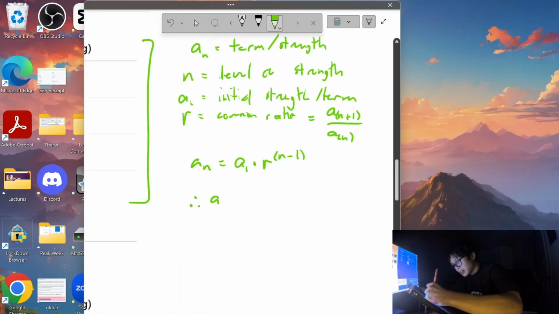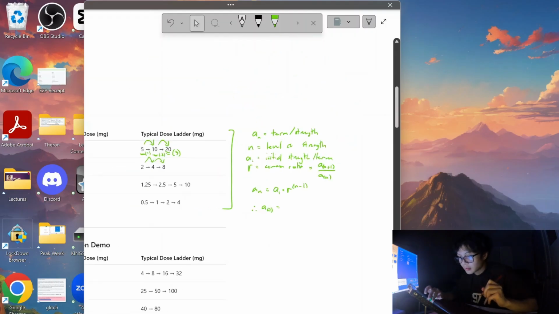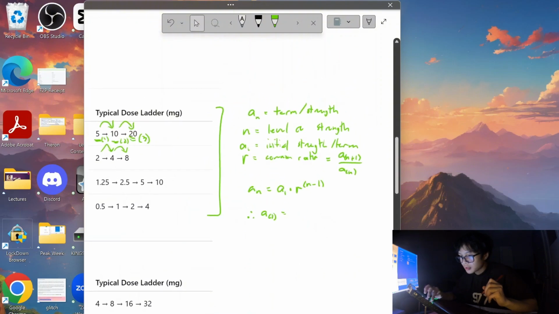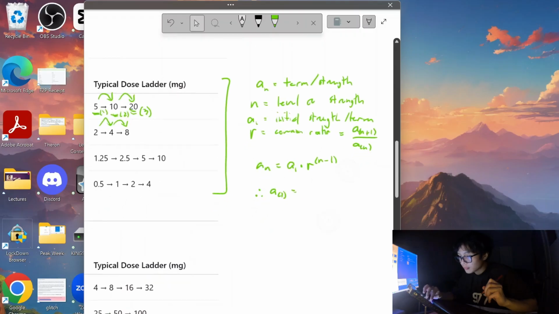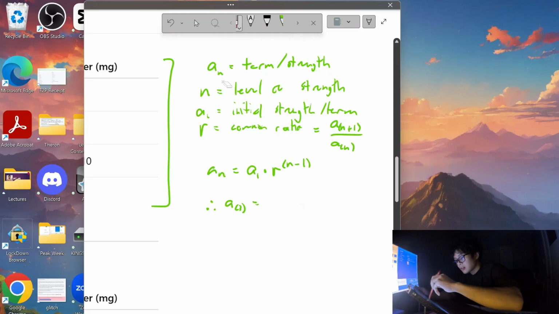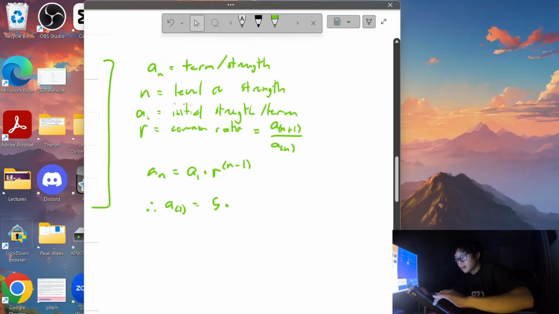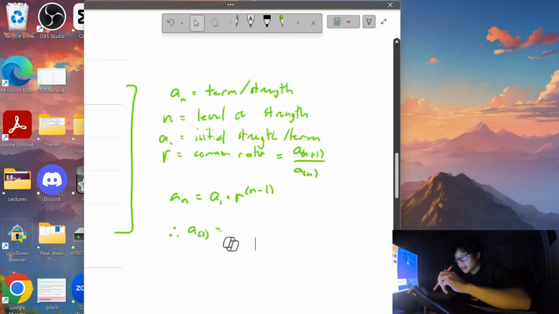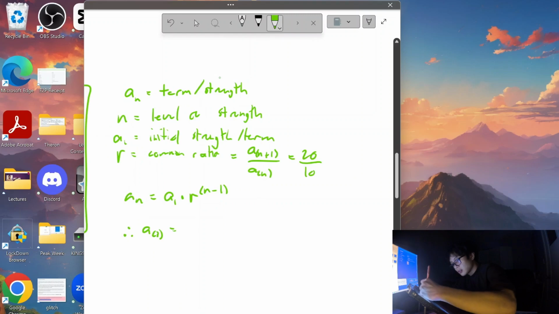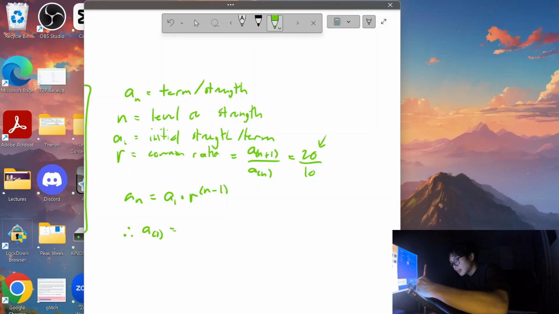Therefore, a_3 is equal to 5 times 20 over 10, which is just the ratio of a_3 and a_2, and that's just equal to 2.